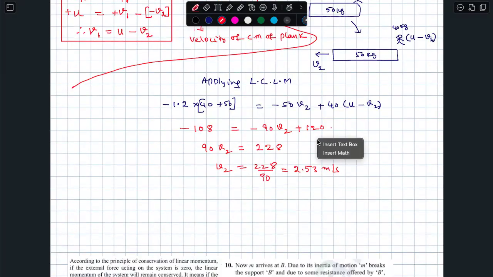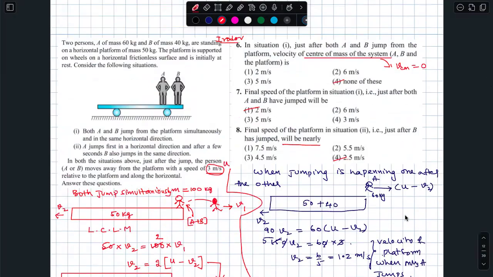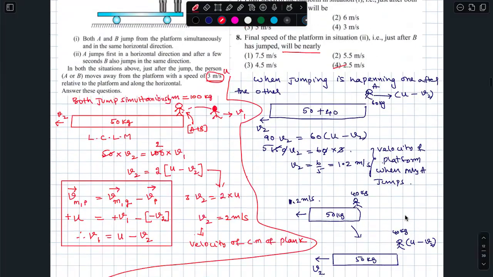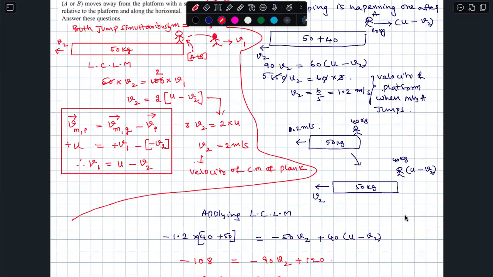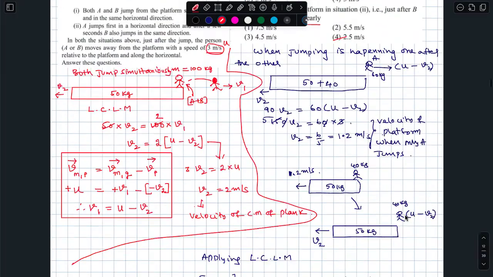Since it says nearly, and there is only one place after the decimal, among the 4 options, 2 point something, there is only one option. I marked that. Otherwise, if there is a 2.53, you should mark 2.53 only. Any doubts, boys and girls? It's a repeated model, practically speaking.